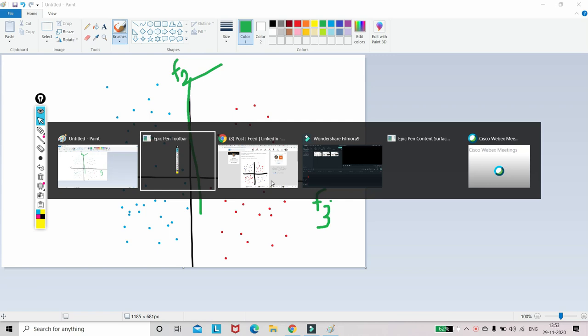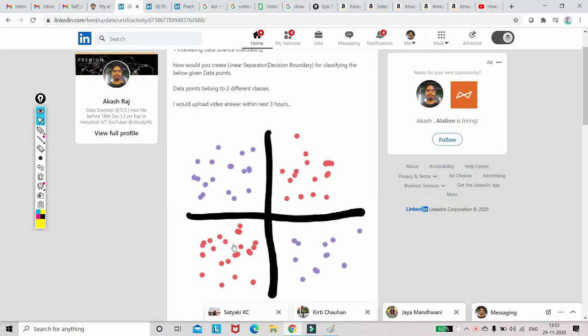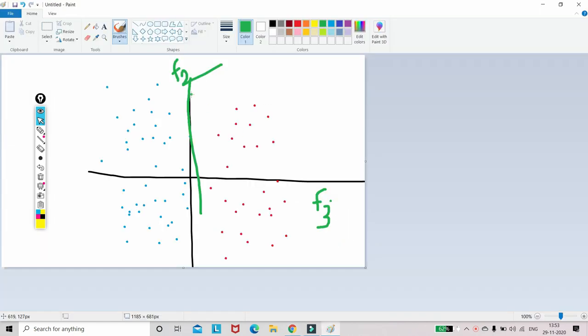So the points changed along the x-axis, while the y values remain the same. Because of this, this line can very easily separate my data points. This is a kind of feature engineering which can help us separate XOR kind of datasets.